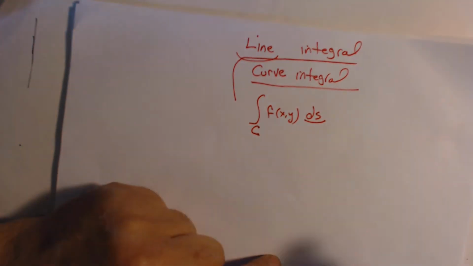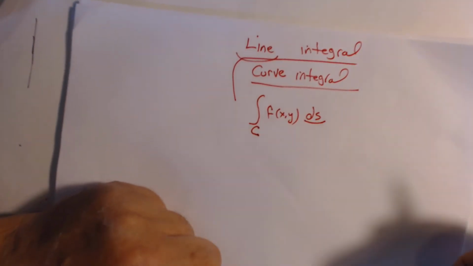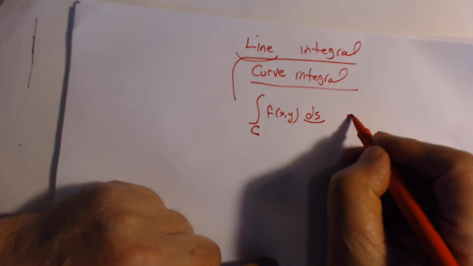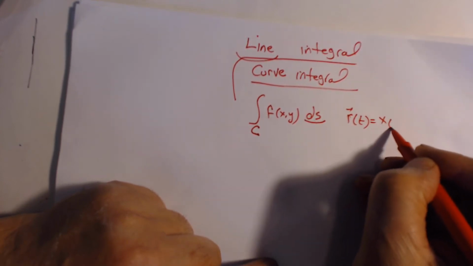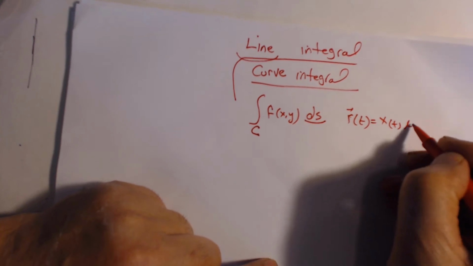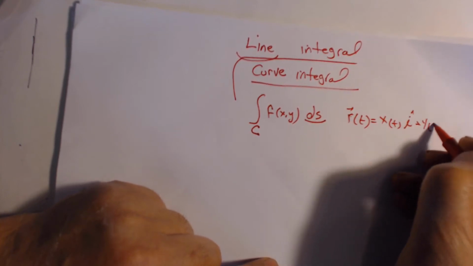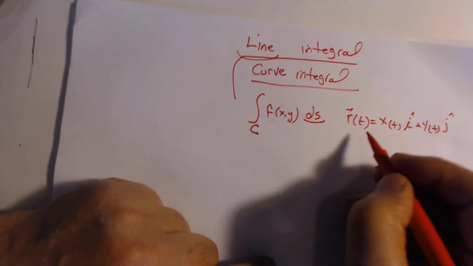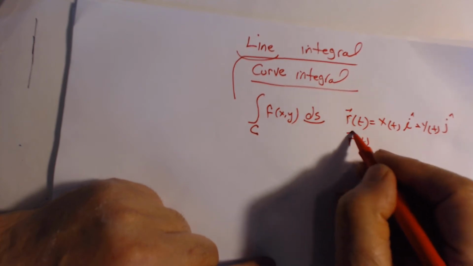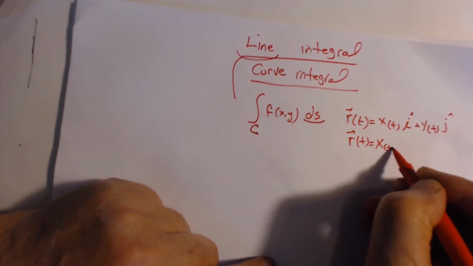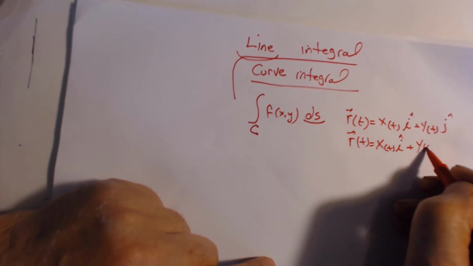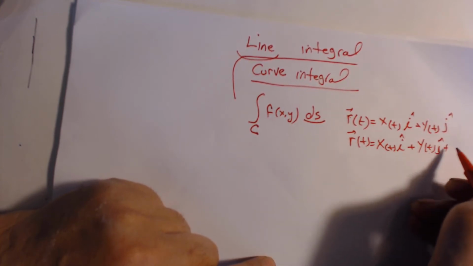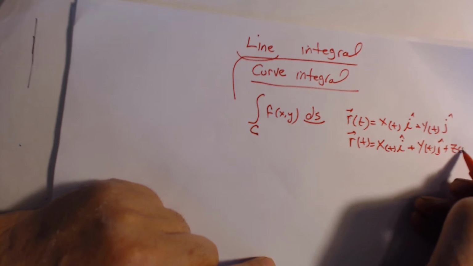It is possible that some of you are asking, what is a smooth path? If you have a path either in R2 or R1 or R3, this one is in R3, these are i hat, j hat, and k hat.